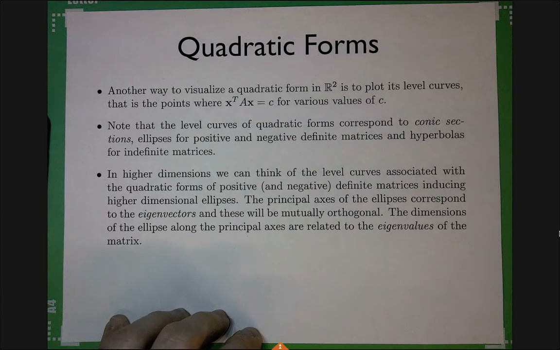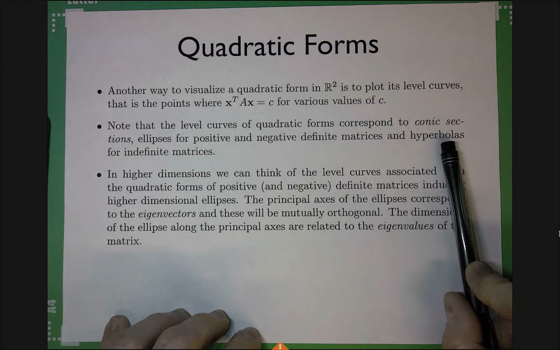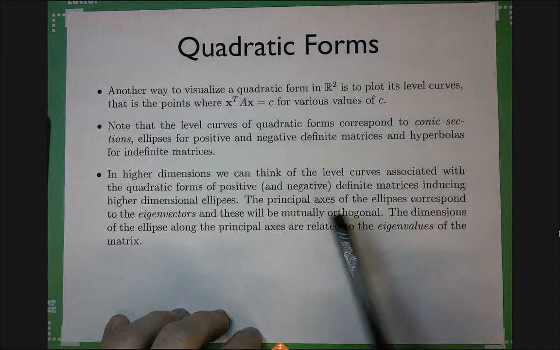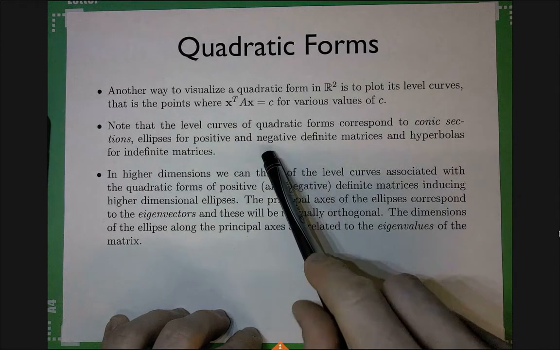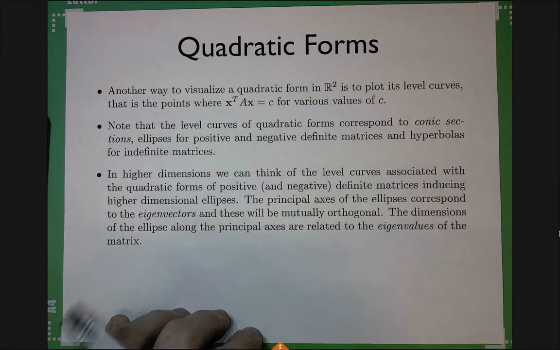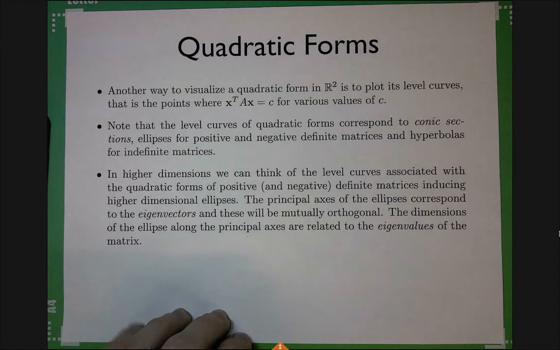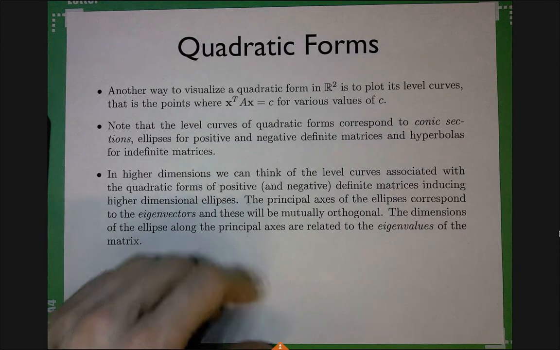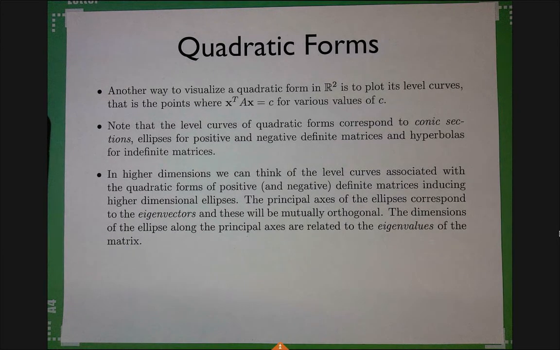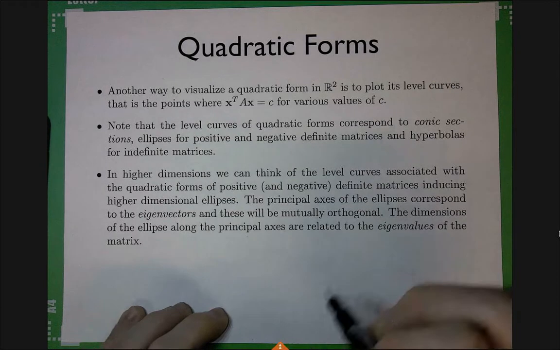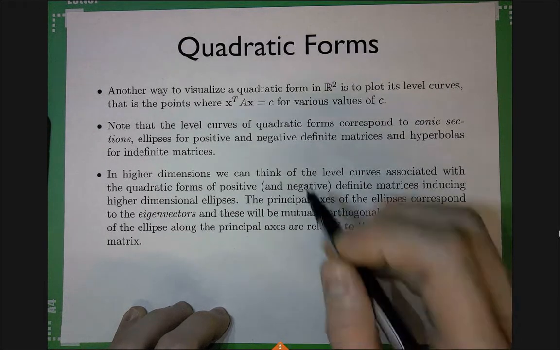Circles are just special cases of ellipses. We will get hyperbolas for indefinite matrices. Guess what we will get for the semi-definite matrices, when some of the eigenvalues, at least one, are zero? For semi-definite, you would get a parabola.